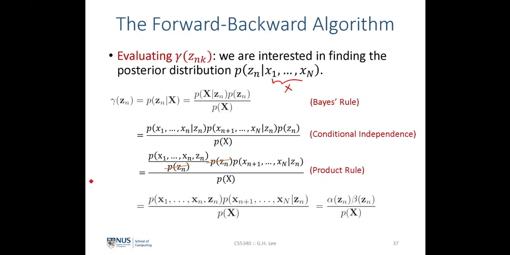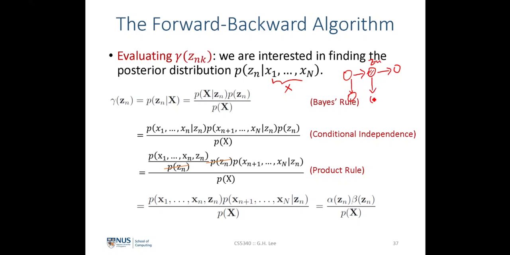So gamma n over here is defined to be equal to the posterior of Zn conditioned upon x, where we can apply the Bayes rule to flip this around into the likelihood function multiplied by the prior of z and divided by the normalizer constant over here. The next step that we are going to apply is the conditional independence conditioned upon Zn. This means that we are conditioning upon Zn over here, where we observe Zn.